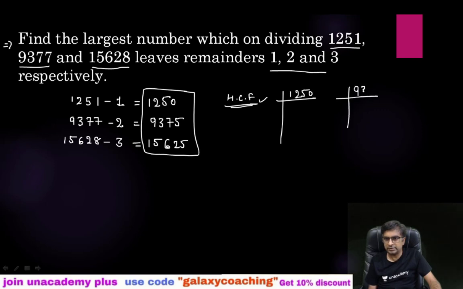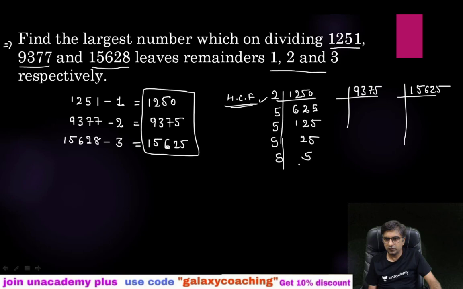I am doing it here: 1250, 9375 and 15625. Starting with 1250: it is divisible by 5, giving 250, then 50, then 10, then 2, so 2 times 5 times 5 times 5 times 5. Then 9375: it is divisible by 3, giving 3 times 3125.